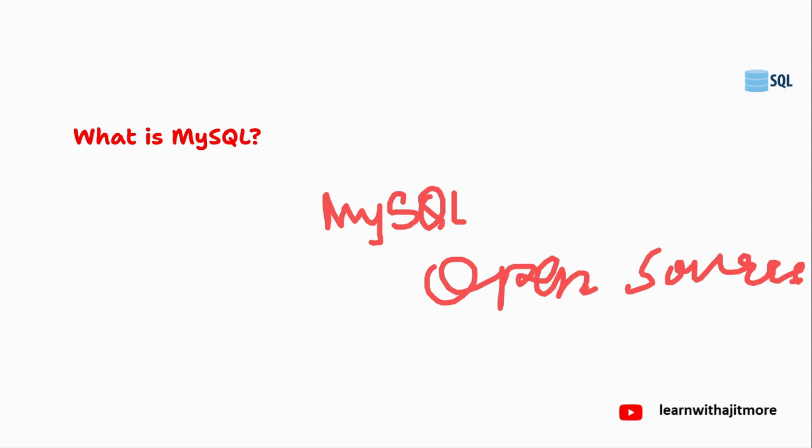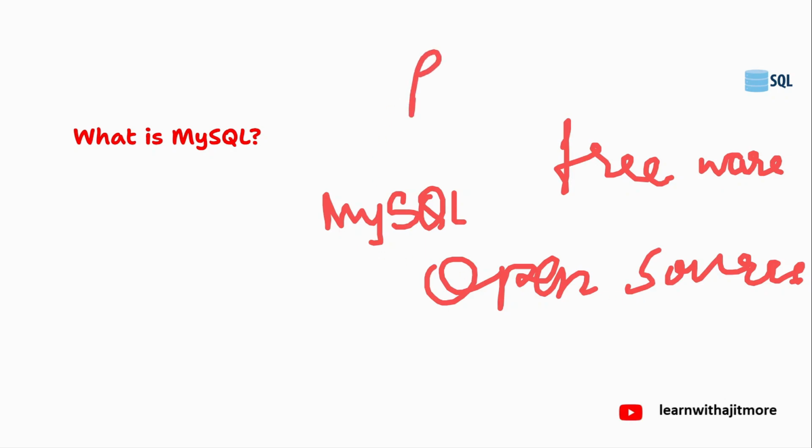And not only open source, it is freeware. Freeware means no licensing and all. You don't have to purchase it. Just go to their website, download, install, and start using. Some are not freeware. You have to purchase, take the license and all, like Microsoft SQL Server or Oracle. MySQL is freeware. It is open source.